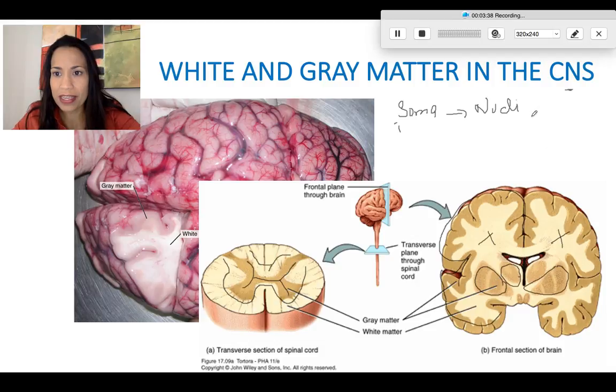I'm missing an I in there, this is a nucleus. And in here, we're going to find nuclei, which are clusters of neurons grouped by function. And the bundles of axons in the white matter of the central nervous system form tracts.